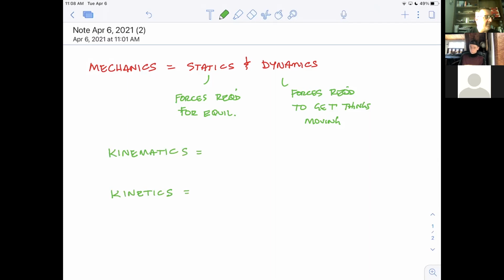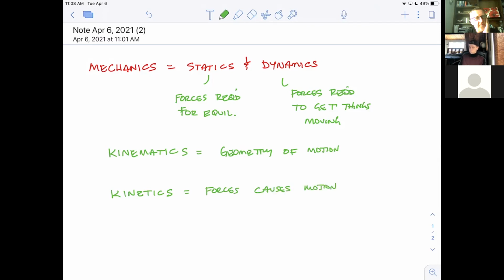It's not so much the words I'm interested in, but kinematics is really the geometric aspects of motion, whereas kinetics is basically the forces that cause the motion.